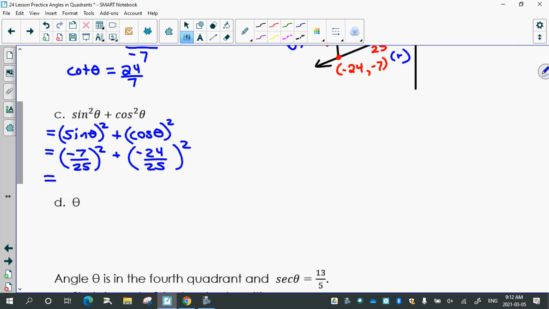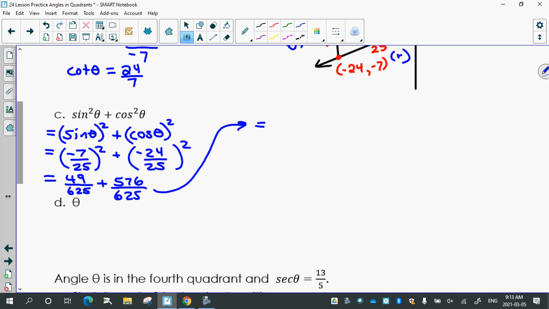How do you square a fraction? Square both the top and bottom. So negative 7 squared is positive 49. 25 squared is 625. Negative 24 squared is 576. 25 squared is 625.